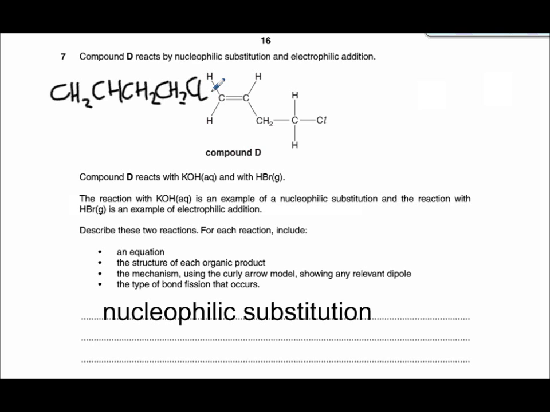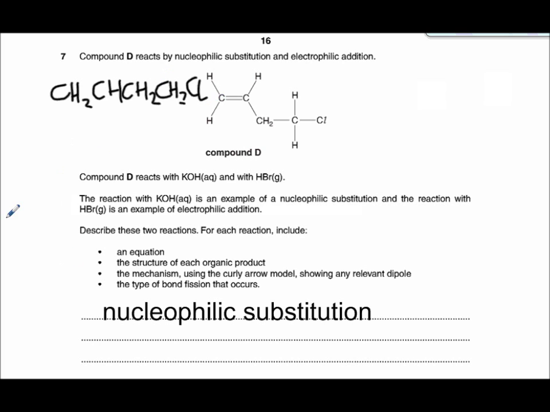So that's what I'll start using in my equation, and it will just make it easier. I will actually draw out the full structure, obviously, when I do the mechanism. For your mark for the structure of each organic product, it is okay to draw the structural formula. It may be easier for you to draw a displayed formula. What you cannot use is a molecular formula.